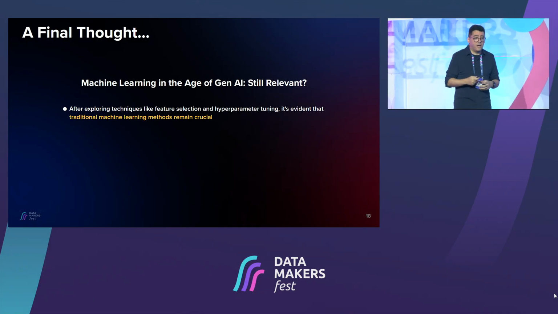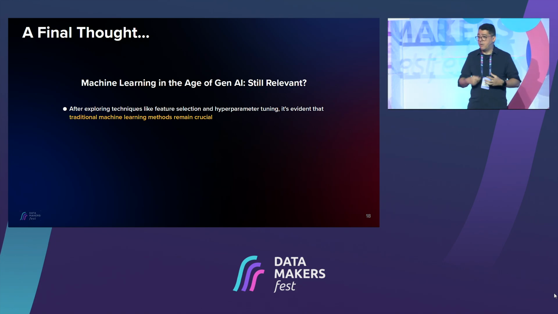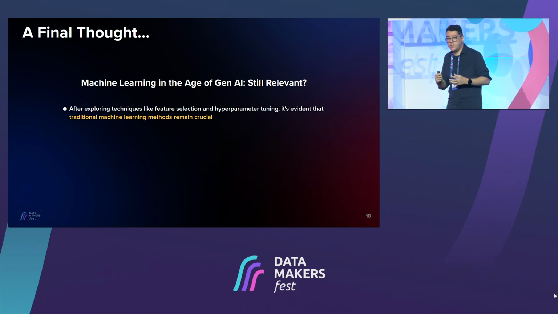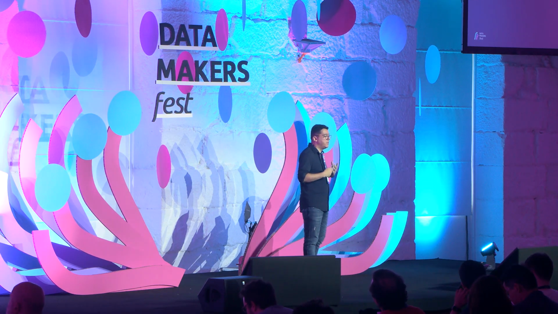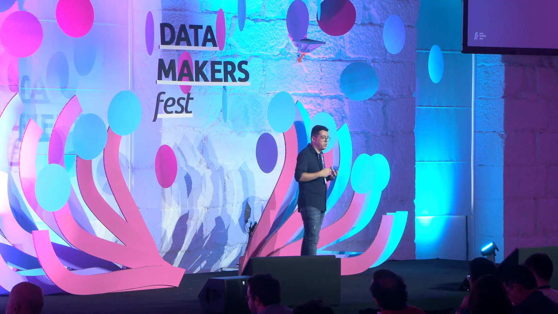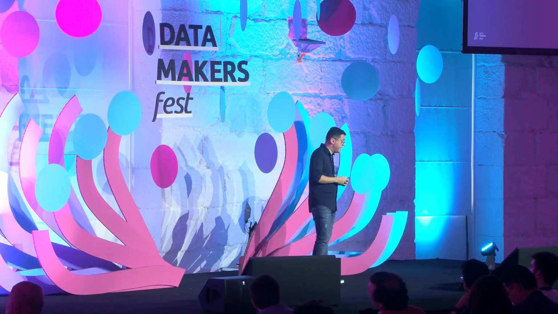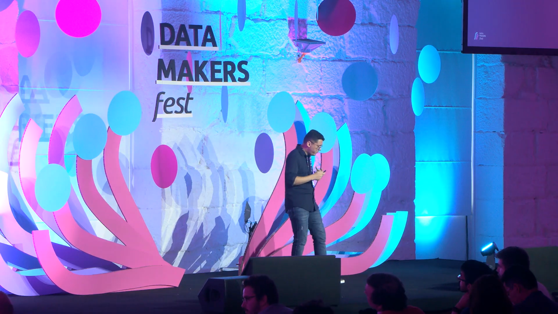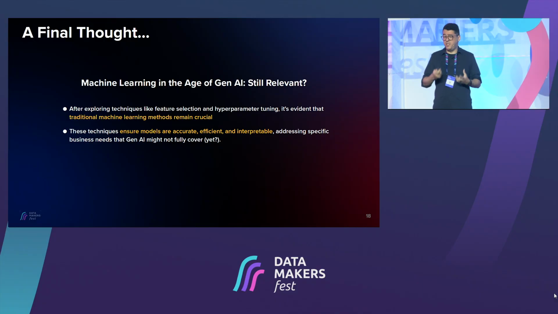I think there's still lots of room to improve our models, because those models are still delivering significant value to our companies and to our businesses. So while this is true, I think we should always try to improve those models and invest in such techniques. Also, we should always try to ensure our model efficiency and interpretability.